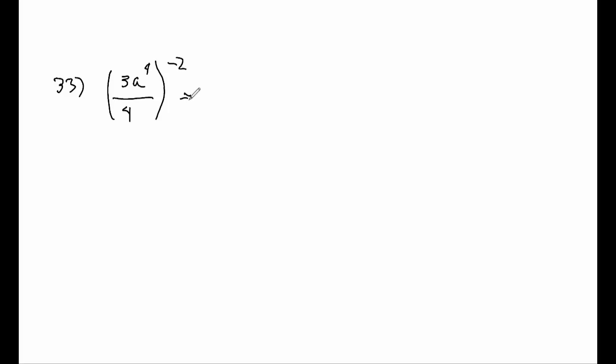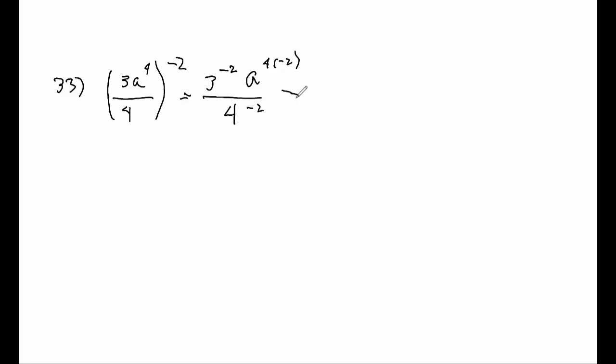Now, the first way I can do this is just multiply everything inside the bracket by negative 2. So I get 3 to the negative 2, a to the 4 times negative 2 because it's a power, and then I have 4 to the negative 2.